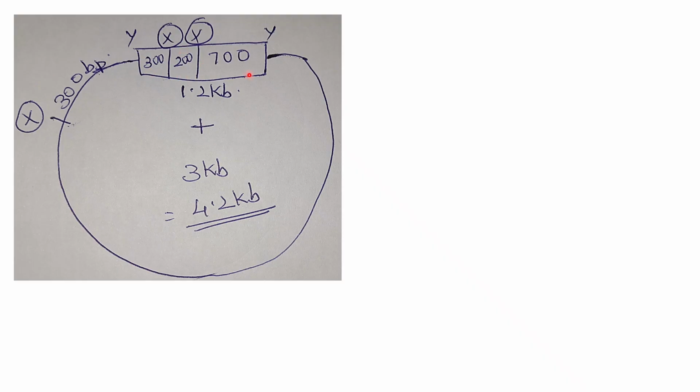So 300, 200, 700. So 1.2 plus 3 kb means your recombinant vector will be 4.2 kb in total. Already it was 3 kb, and when you inserted 1.2, it became 4.2 kb.